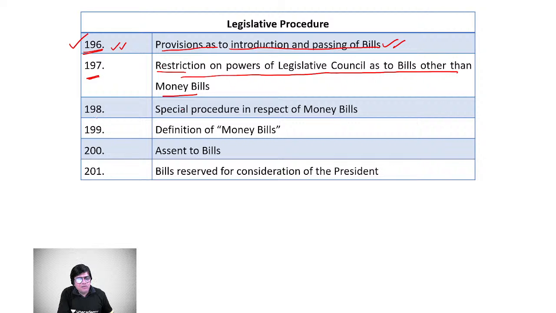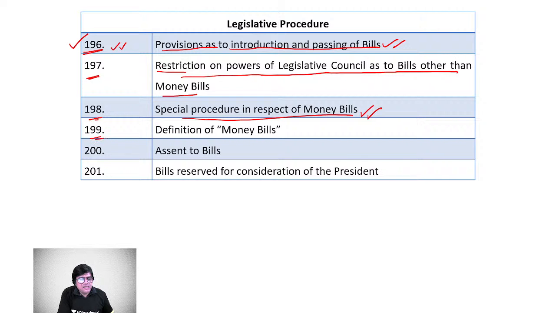And then Article 198 talks about the special procedure in respect of money bills. And this is a corresponding article to the one for Parliament. As we know, special procedure is highlighted in Article 109. Here in 198, a very similar procedure is highlighted in the Constitution for passing the money bills in the state legislatures.